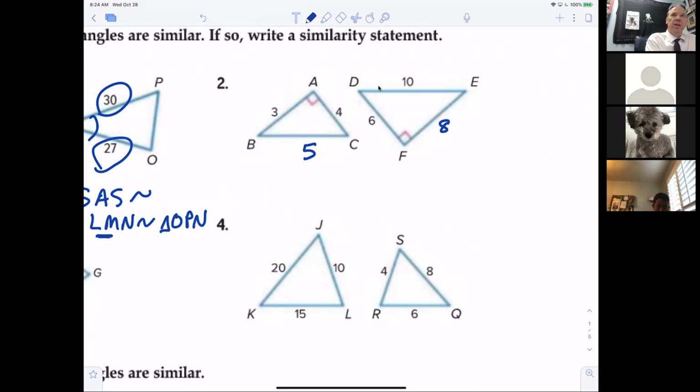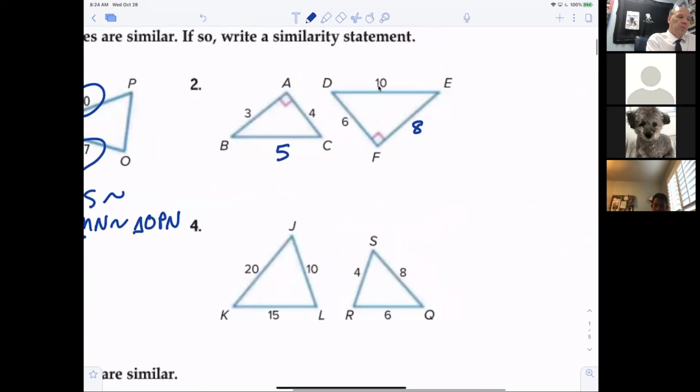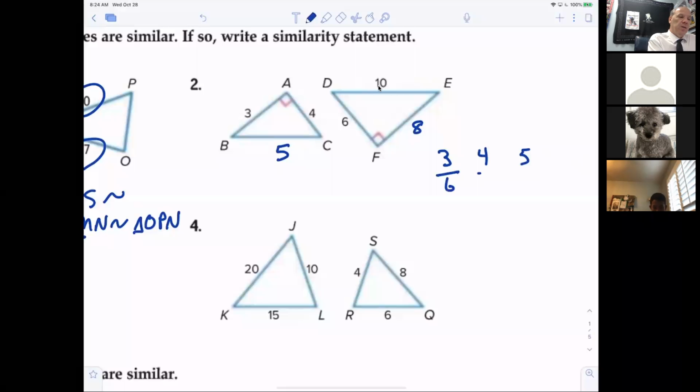So we could do this either way now, right? Does everybody see? Now, if I'm doing side, side, side, watch how I do this. 3, 4, 5, small to large. 6, 8, 10. And if I do it like that, all those reduce to 1/2.